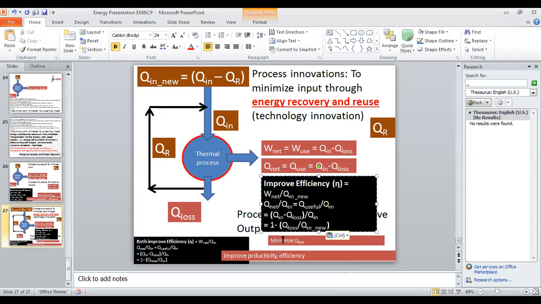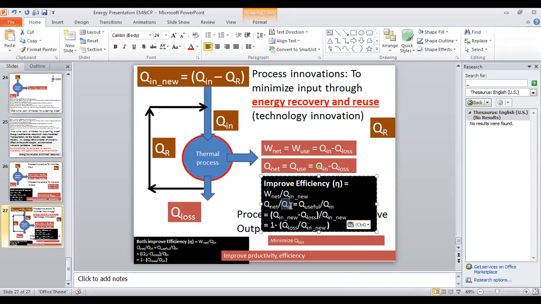Now here, Q in new minus Q loss, divided by Q in new.